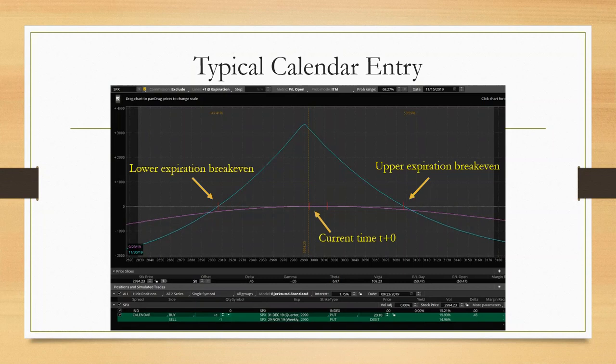I use about 30% as my number. If delta becomes 30% of theta, you're getting to be in trouble, and so you should probably either take profits, take the trade off, or add a second calendar spread and make it a double.